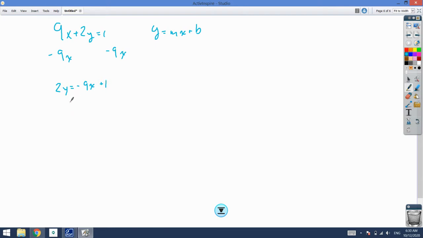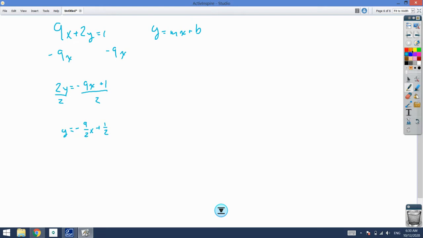Then divide by 2, so you're left with y equaling negative 9 over 2 x plus 1/2. And boom, we have our slope.